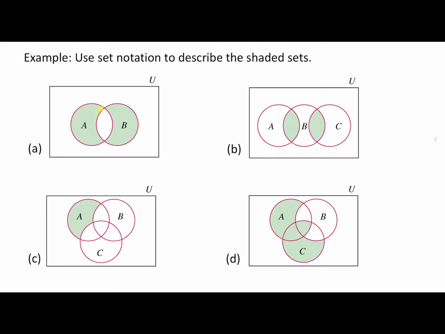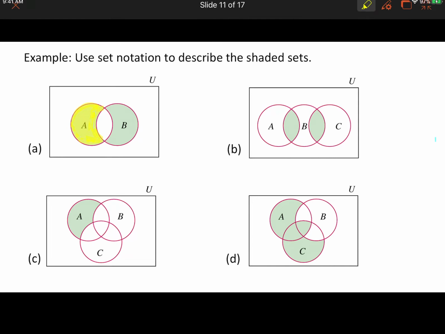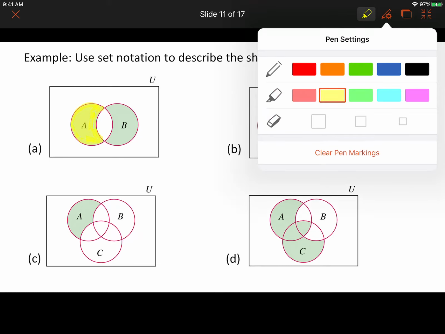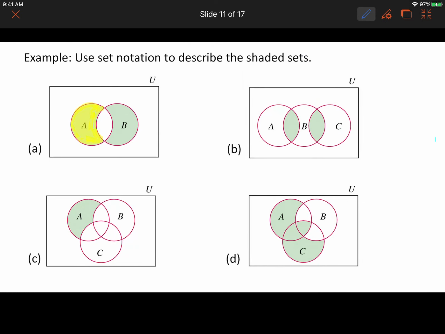The first thing I want to do is think about what each of these shaded regions are. If I just look at this yellow piece, that's exactly what we describe to be the complement of B with respect to A, or A without B. And similarly, over here on this side, this was B without A. Now, if I want both of those regions shaded, I'm going to use the union.